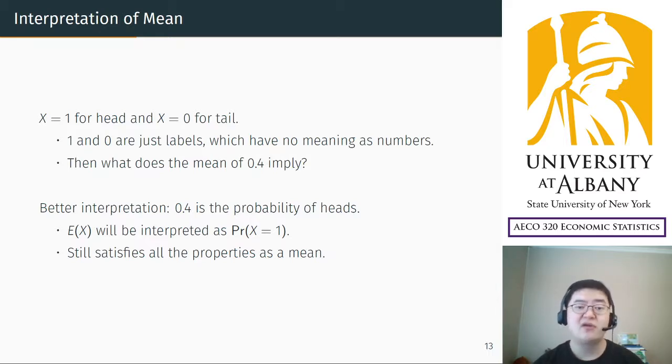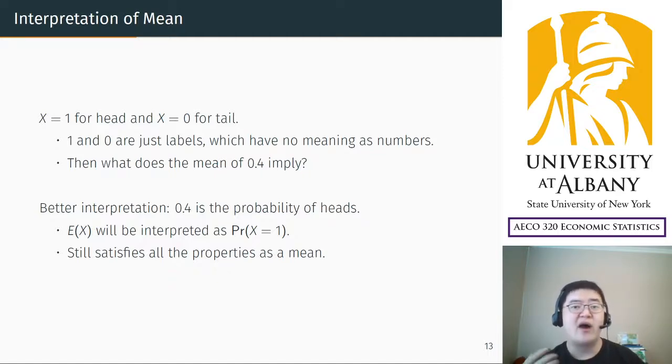Then the problem is when you calculate the average between zeros and ones and you get 0.4, what is that? The number 0.4 means nothing because 0 and 1 mean nothing. You can still calculate the mean because 0 and 1 are numbers, but it means nothing.